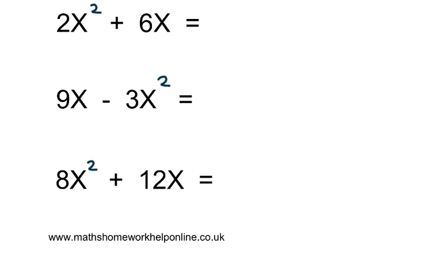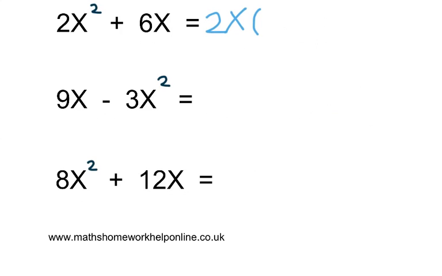And finally, we're going to look at examples where you can take a number and a letter out. So when we look at the first example, we can see that we've got 2 and 6. So 2 does go into 6, so we can take a 2 out of the brackets. Okay, and now also we can see we've got an x that's common in both parts of the expression as well, so we can take x out of the brackets.